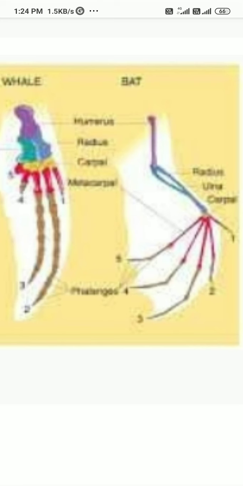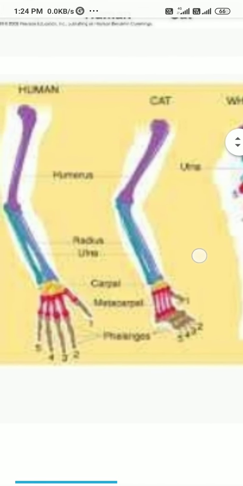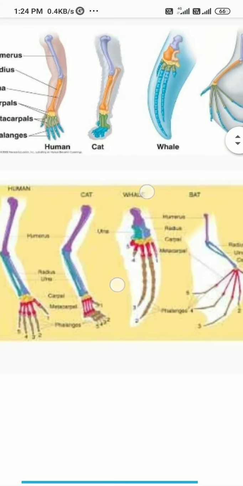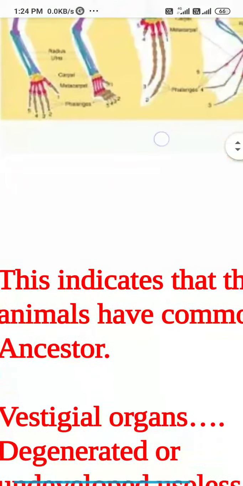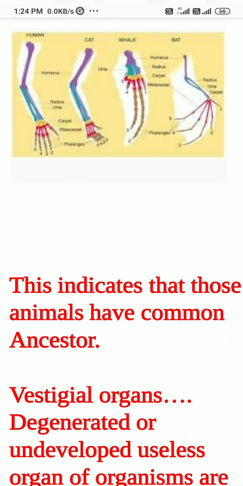The structure of bones, number of bones, and bone joints are similar in all four types of organs in four different organisms, and from this we can say that their ancestor must be the same. This indicates that those animals have a common ancestor.